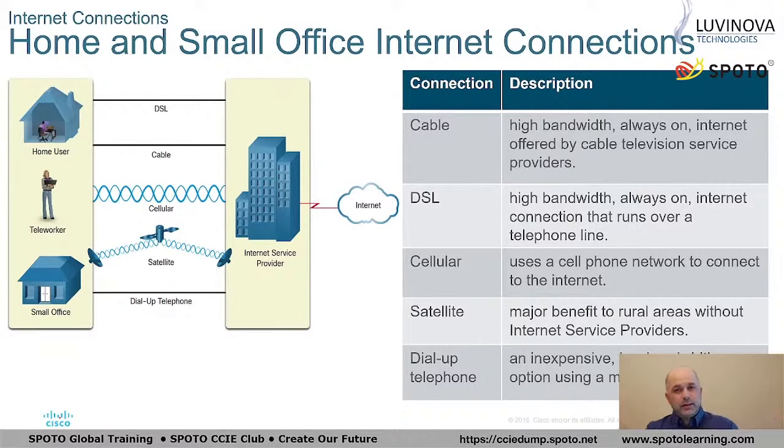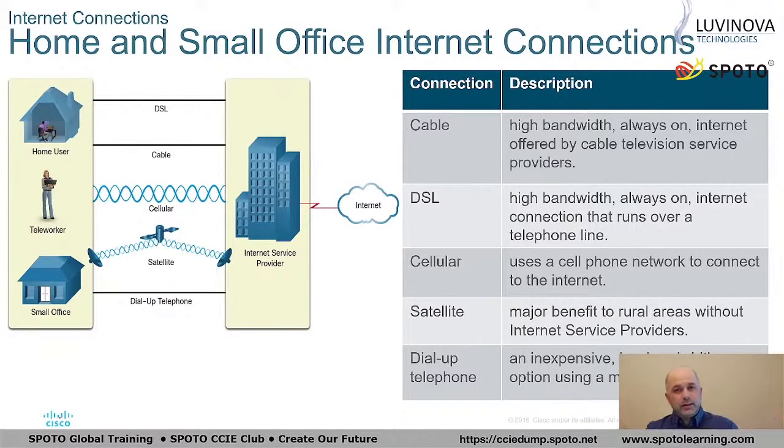We should know the types of getting the internet to your home or being connected to the network. Cable: high bandwidth, always-on internet offered by cable television service providers. It could be any cable provider which is licensed to operate in your country. DSL is a different type of connection.